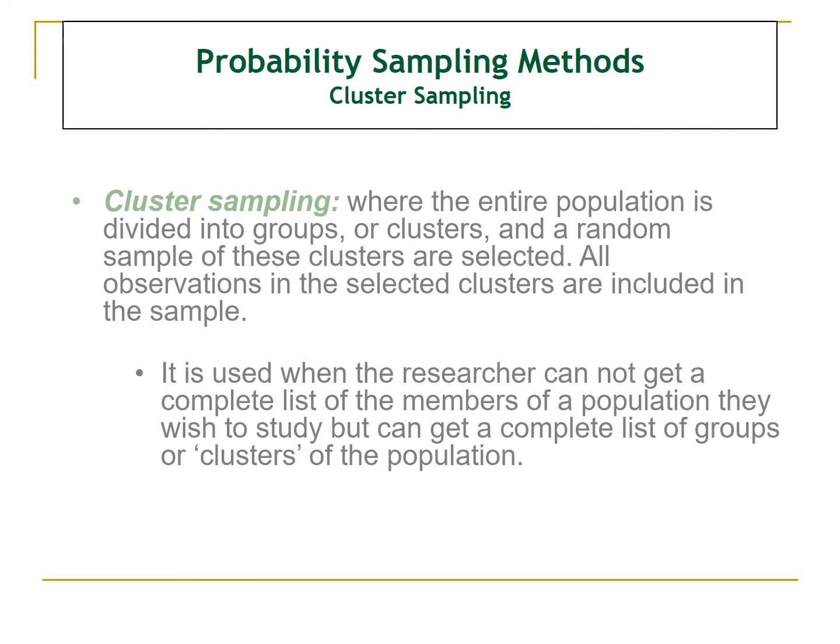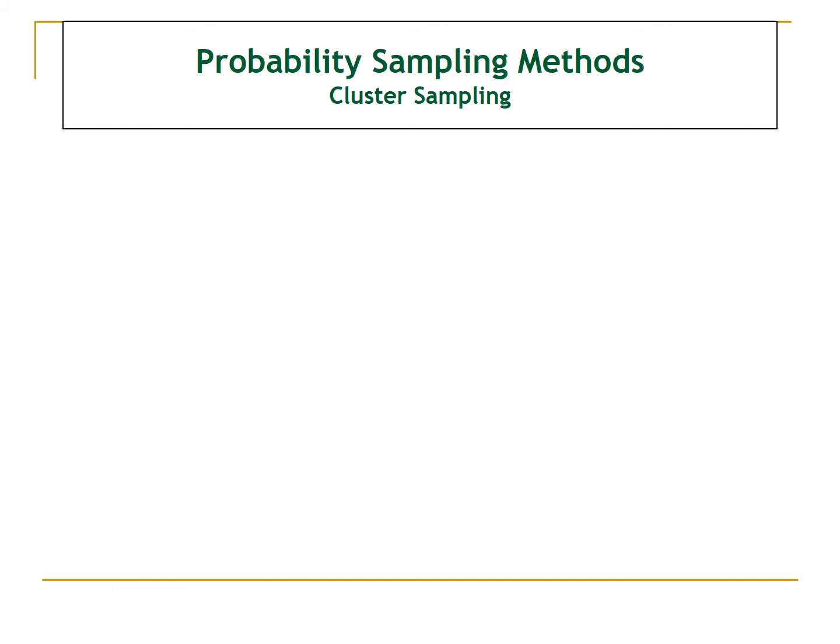It is used when you cannot get a complete list of the members of a population, but you can get a complete list of the clusters of your population. This method is more practical than the simple random sampling or the stratified sampling method.